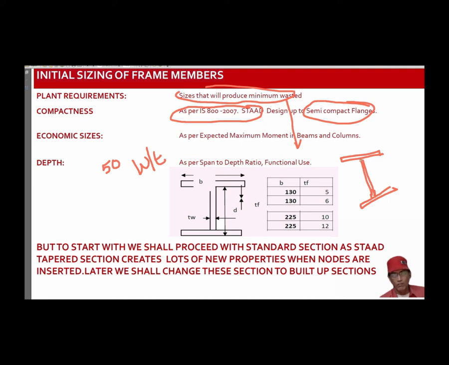A built-up member is nothing but a web plate welded with 2 flange plates, in case of I sections.